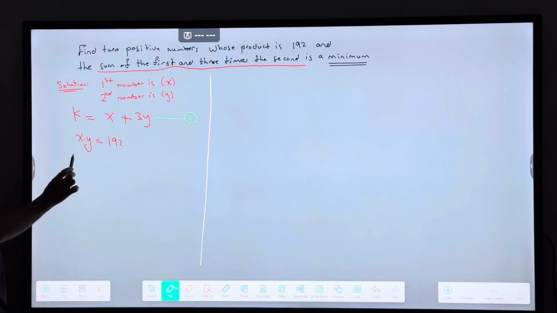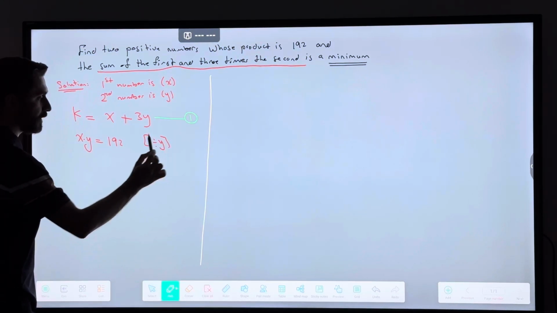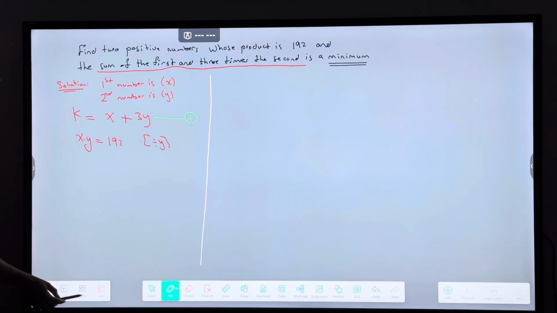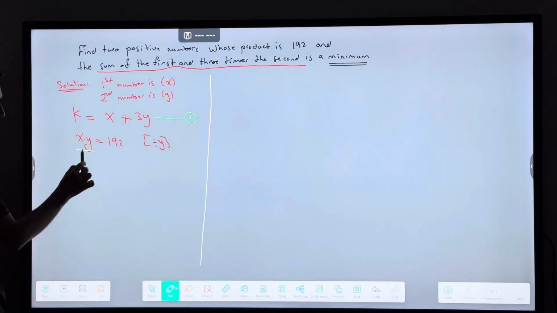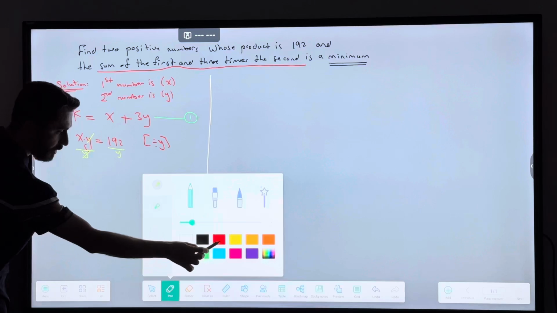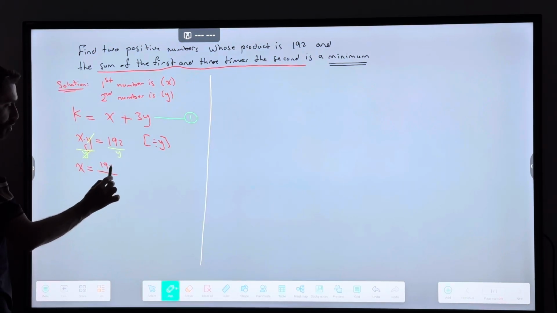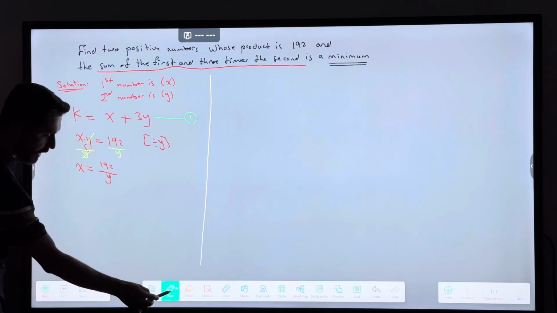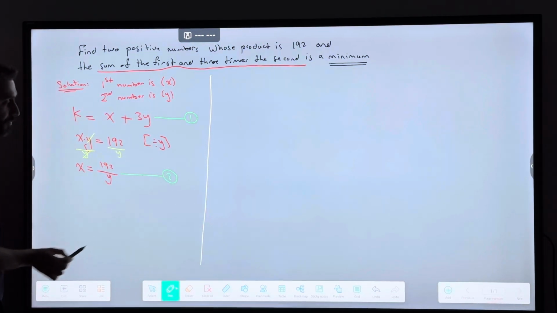It's up to you. Let us solve this one for x. Divide both sides by y in order to make x the subject. Cancel y and y. Now I have x alone: x equals 192 divided by y. This is the secondary equation.